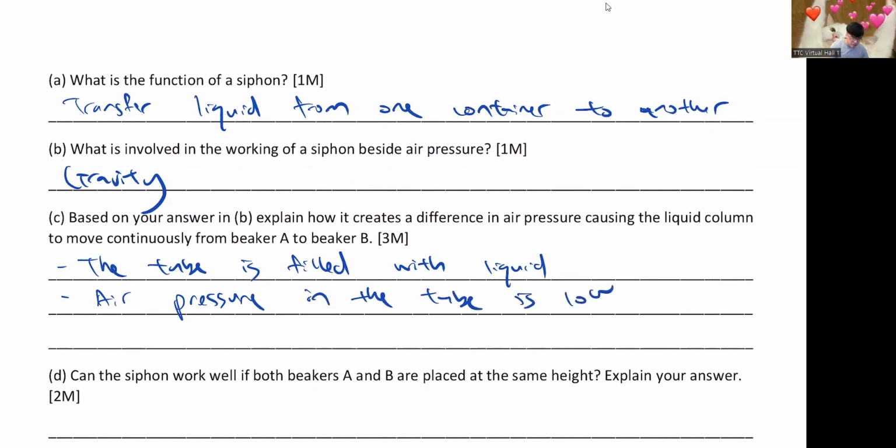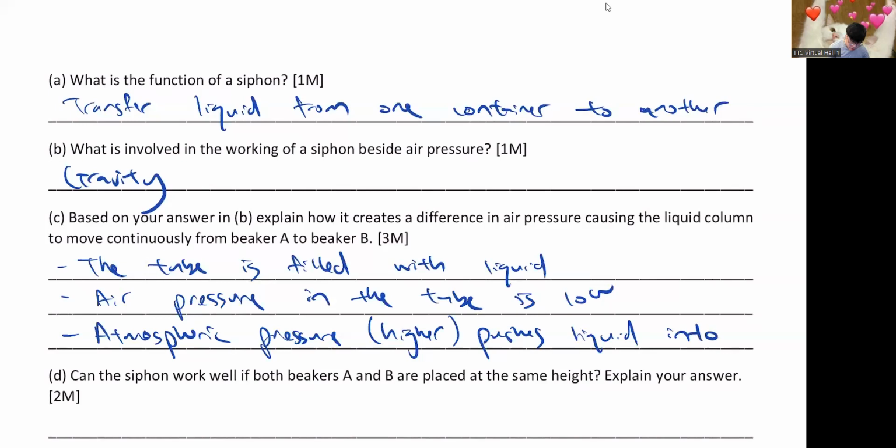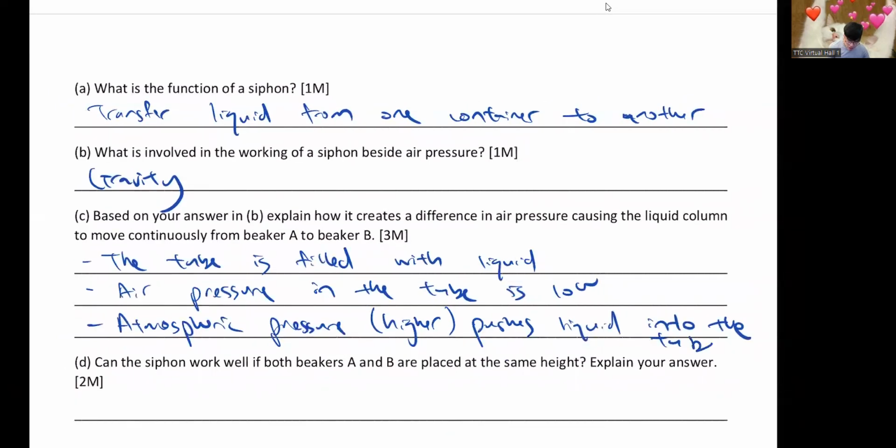Right, you have low pressure inside the tube. So atmospheric pressure, which is higher, pushes liquid into the tube, just like a straw. When your straw is filled with liquid, inside is low pressure. So the atmospheric pressure pushes the liquid into your straw. This is the same thing.